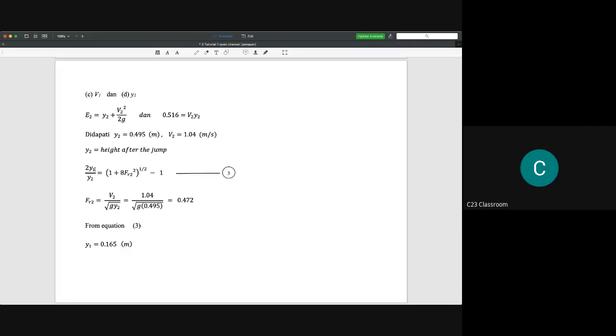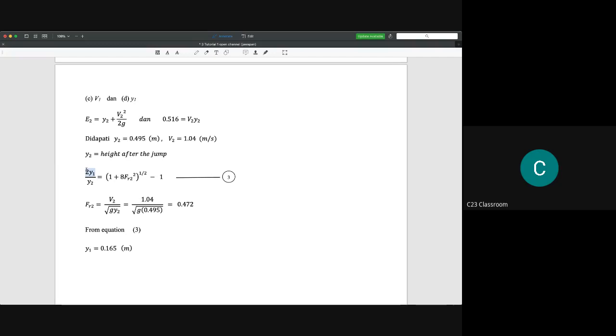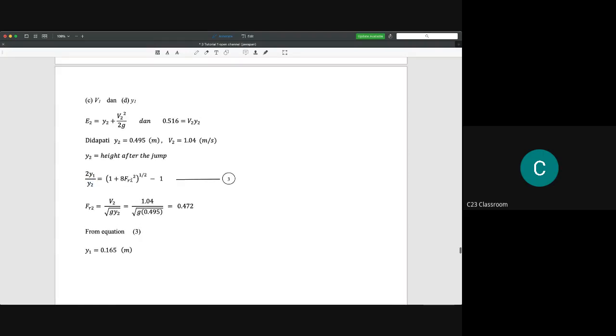Previously, point 1 is before the hydraulic jump, the value at the top is after the hydraulic jump, and the value at the bottom and the Froude number is the value before the hydraulic jump. But you could also use this equation for the reverse condition. For example, the value at the top is the value before the hydraulic jump, then you substitute the value of the point at the bottom and the Froude number for the value after the hydraulic jump.